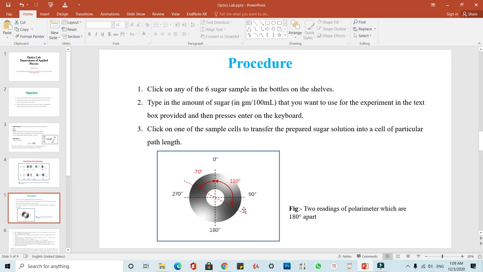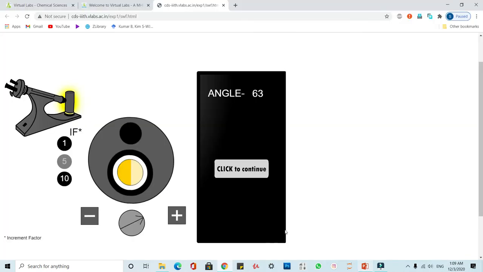Okay, here to perform the experiment, we have to select the samples. From these bottles, we can select any sample from these shelves. Let us choose, I have selected sample 1. I have to find the specific rotation of this.